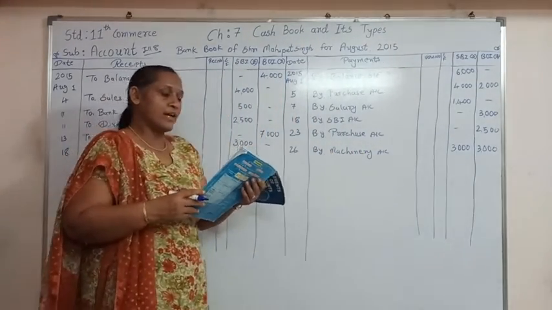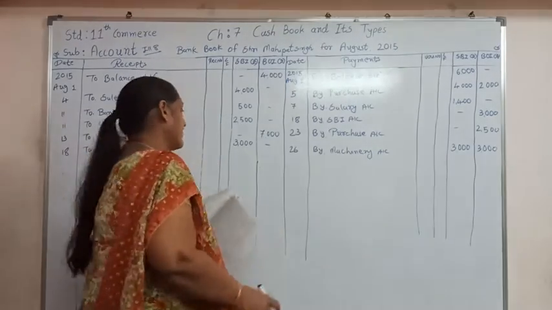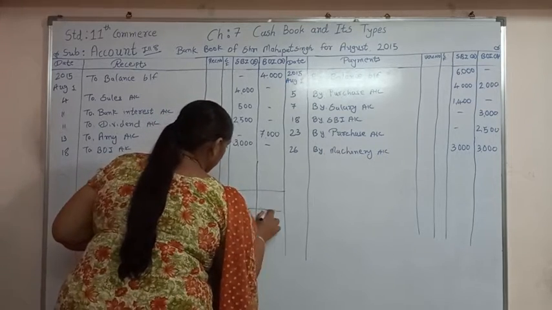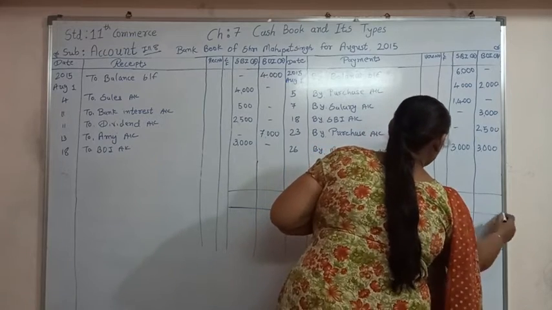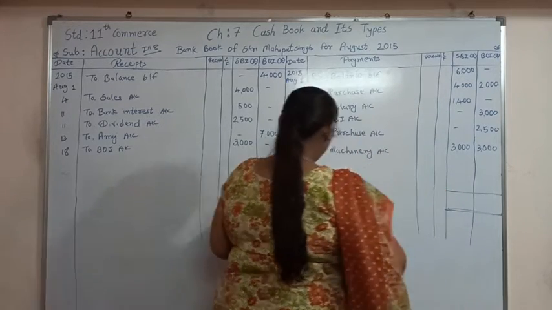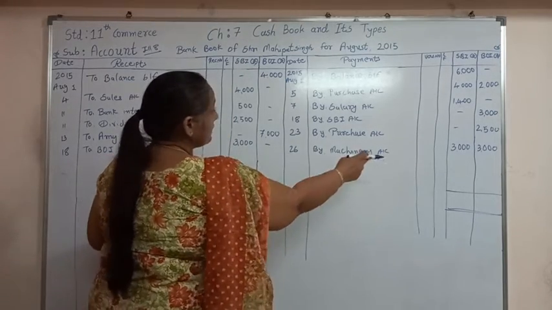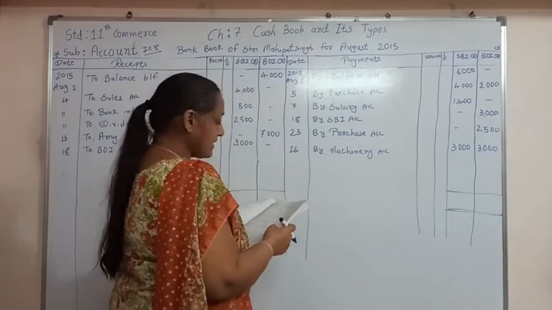Now we have to find out the balance. Let's find out the balance for that. Here for SBI we can see that the amount of credit side is more.